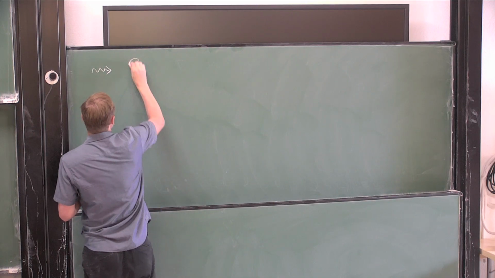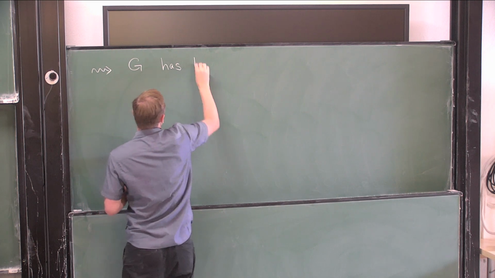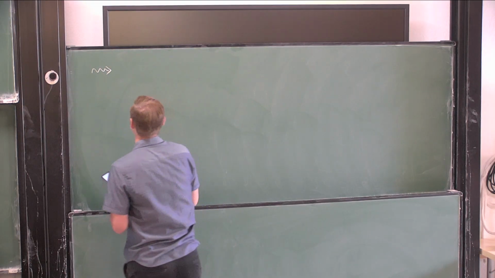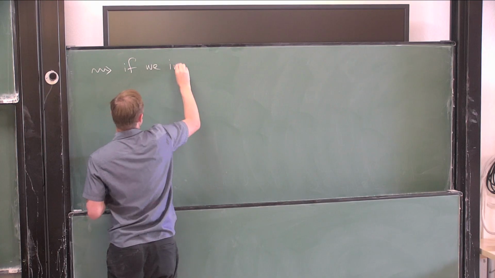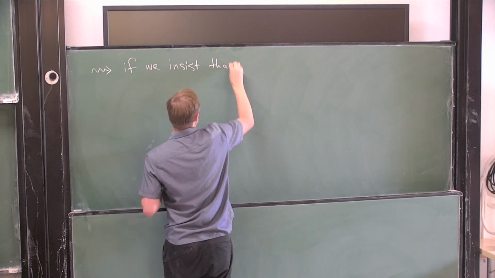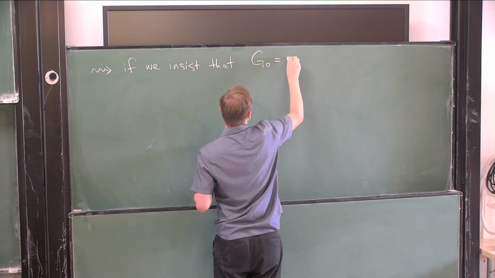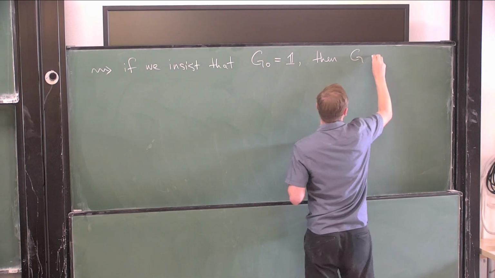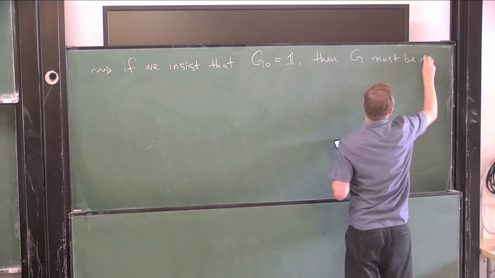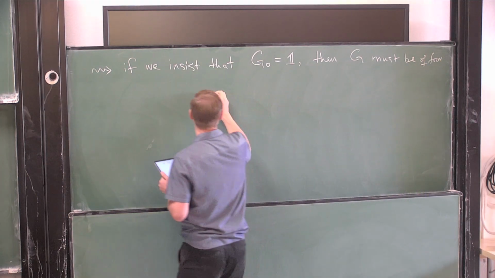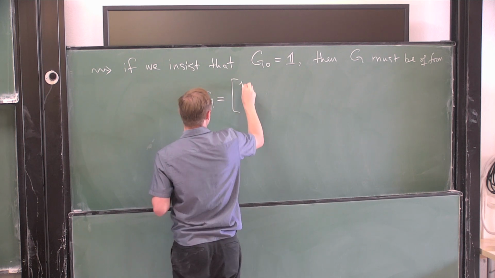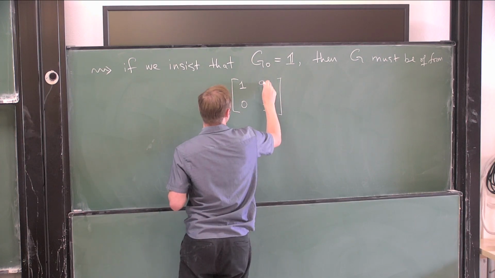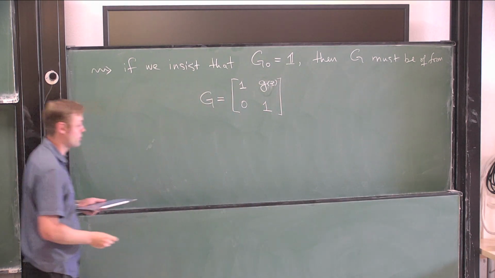You will find that G has to be, let me say it like this, if we insist that the leading order part of G is the identity, then G must be of the form, it just turns out to be an upper triangular matrix with just one entry, which I'll call G of Z.